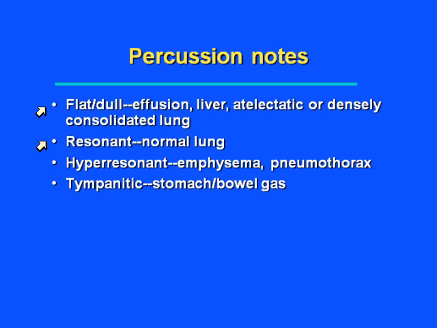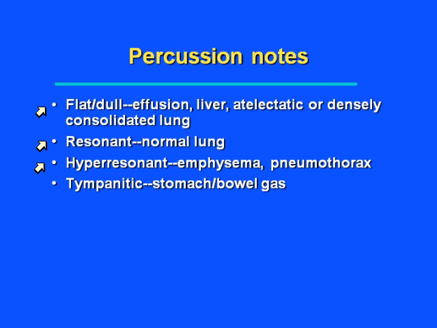The normal lung sounds resonant, and that's the term used to describe the sound that you hear when you percuss with your hand, your fingers, over the normal lung. Hyperresonant is a sound that can be heard when there is actually somewhat less lung tissue present, but still basic lung structure, so over emphysema, and sometimes pneumothorax.